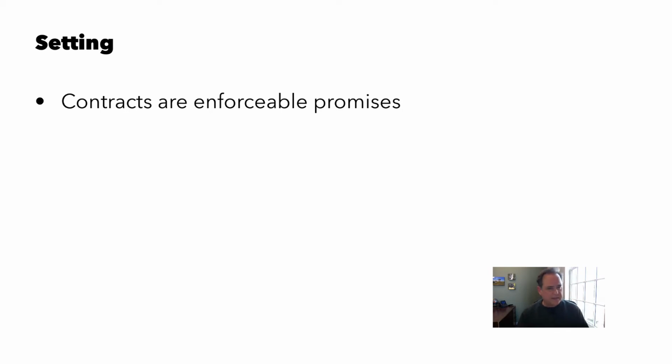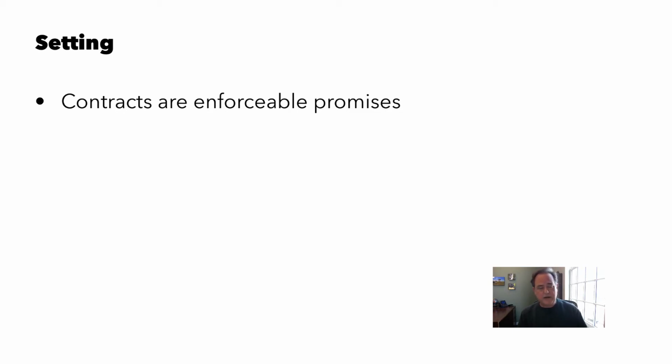What enforceability means is that in our private business dealings, if you don't pay me the $1,000 for my computer, and we have a valid contract under the law, meaning it meets the elements of a valid contract, that means that I can go to the state of Oklahoma using the court system and sue you and ask the state of Oklahoma to force you to make good on that promise that you made me.